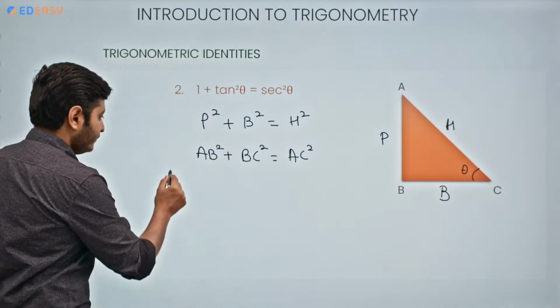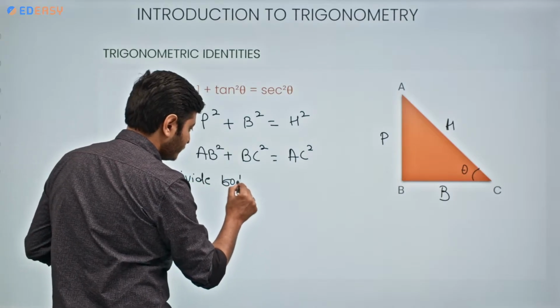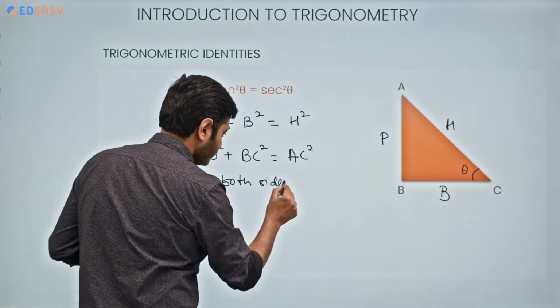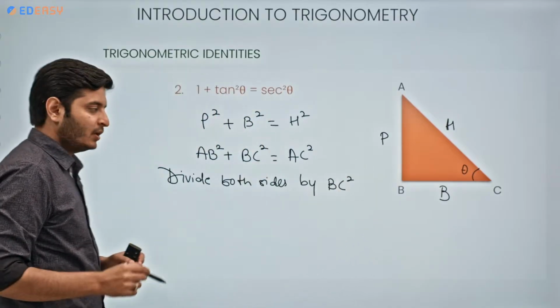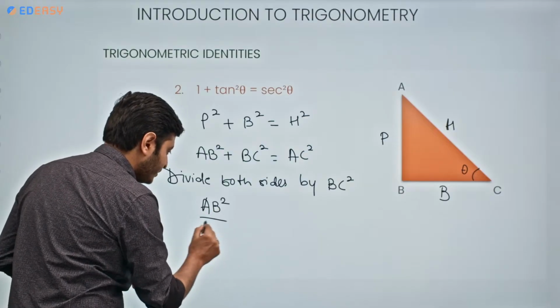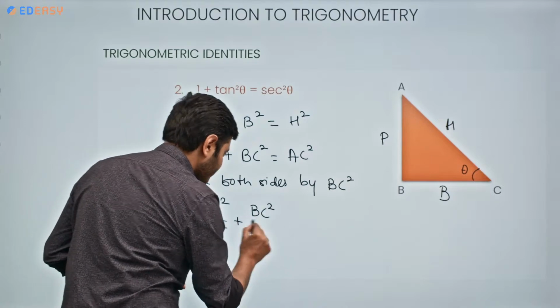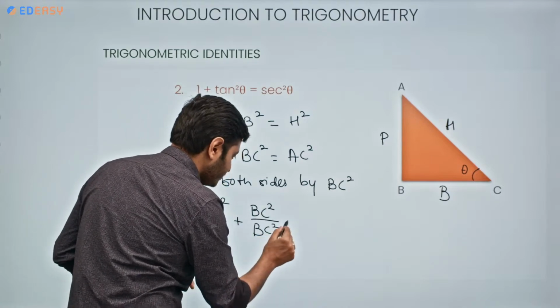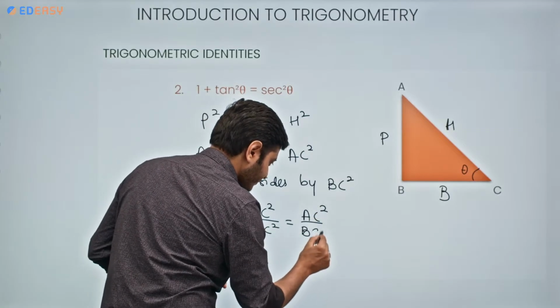So divide the whole equation, or both sides, by BC square. If you do that, it will become AB square by BC square plus BC square by BC square is equal to AC square by BC square.